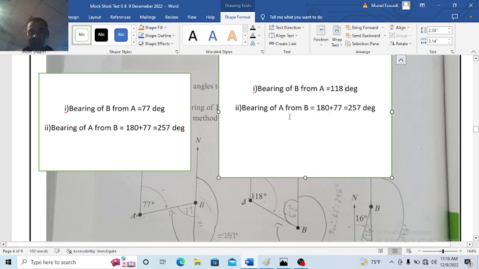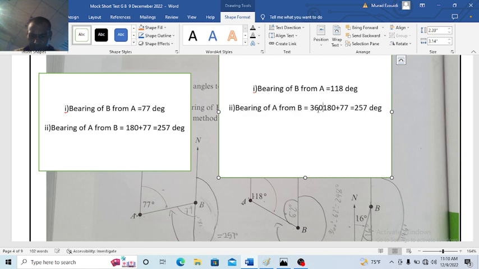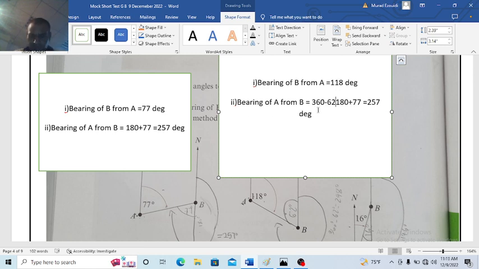Then to find the bearing of A from B, you would just extend this line. It will be 180 plus 118, or you can make around the point 360 minus 62. You can write this as 360 minus 62 degree, which is equal to 298 degree.